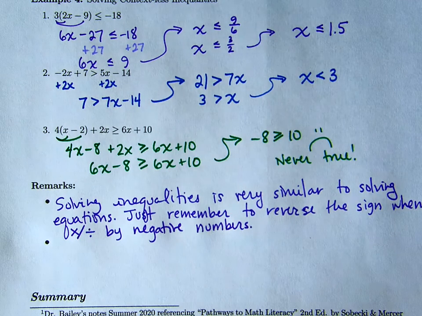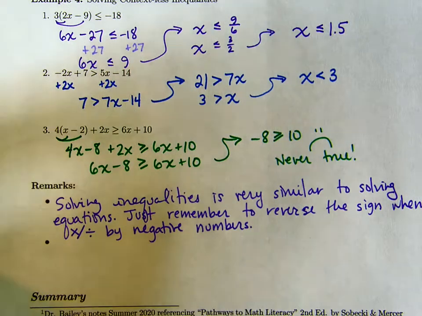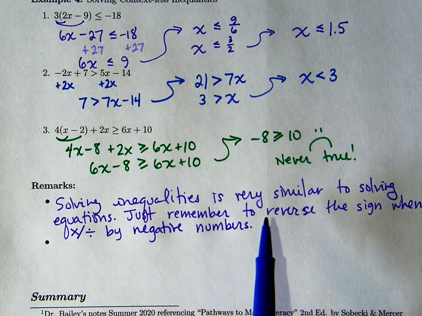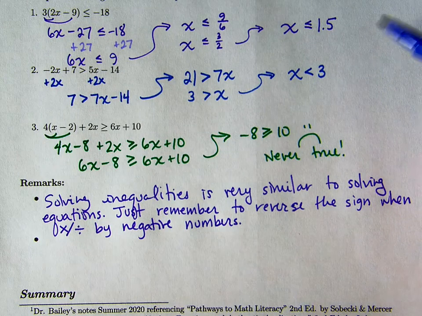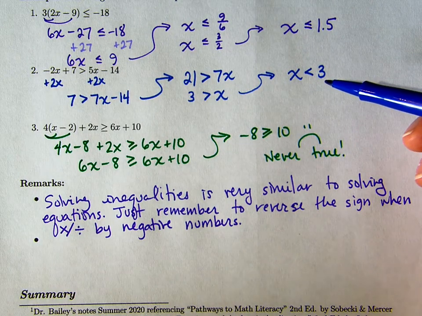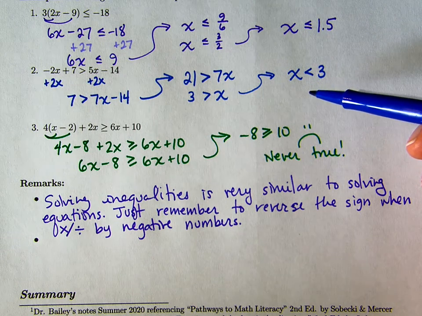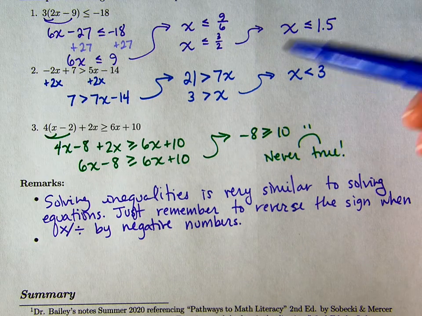Okay, and then I have one more remark, and that is that one difference between solving equations and solving inequalities is that in the end we end up with an inequality, and that means that we have many, many answers. When we were solving the equations, we would end up with x equals some number. So it would be like one thing that works.